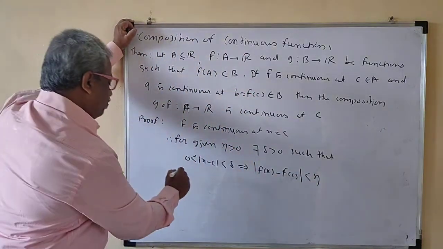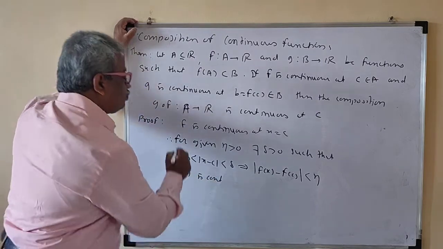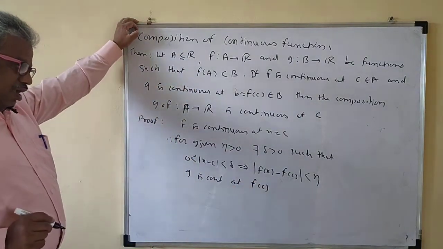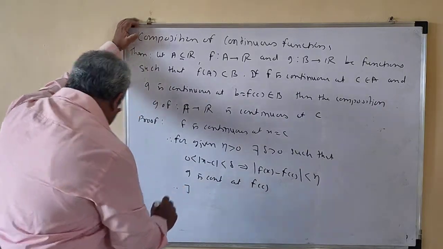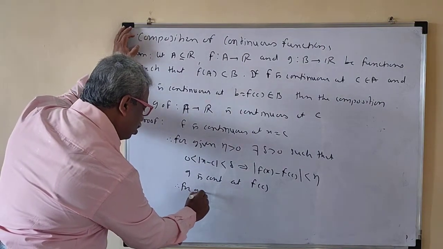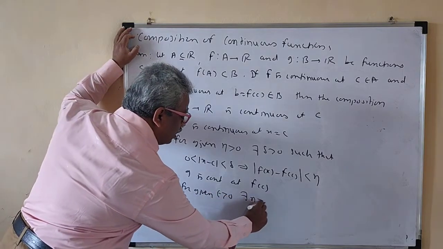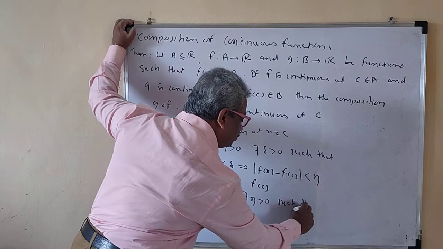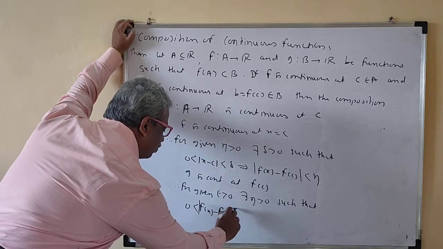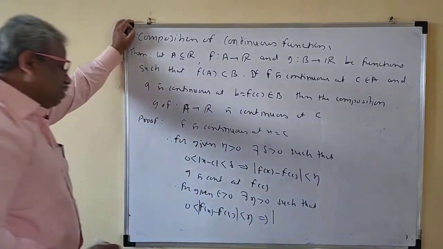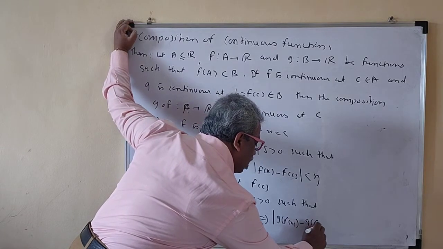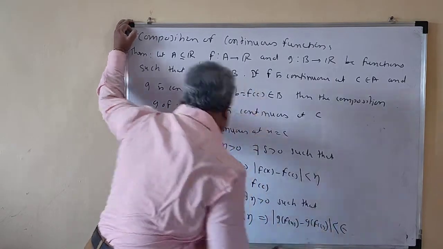Okay, so now g is continuous at f of c. Therefore, for given epsilon greater than 0, there exists neta greater than 0 such that 0 less than mod of f of x minus f of c less than neta implies that, g being continuous, mod of g of f of x minus g of f of c is less than epsilon.